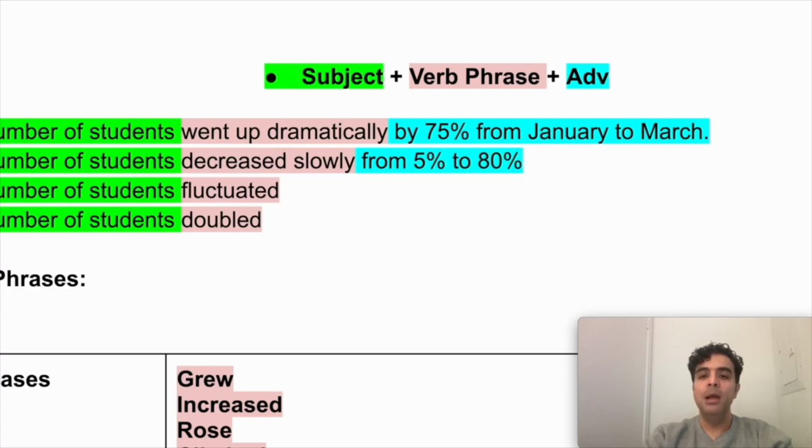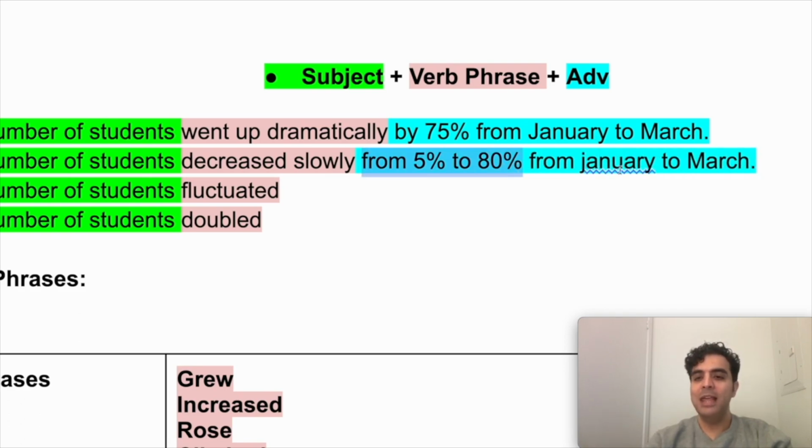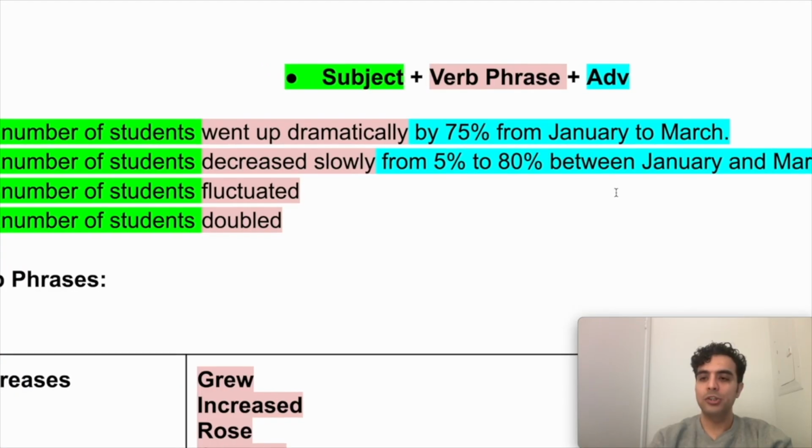So from 5% to 80%. But it's not great if I say from January to March again. The reason is I have from to, and then I also have from to mentioned one more time, which isn't great. It's a little redundant and repetitive. So what can I do instead? Well, instead of saying from January to March, I can say between January and March.